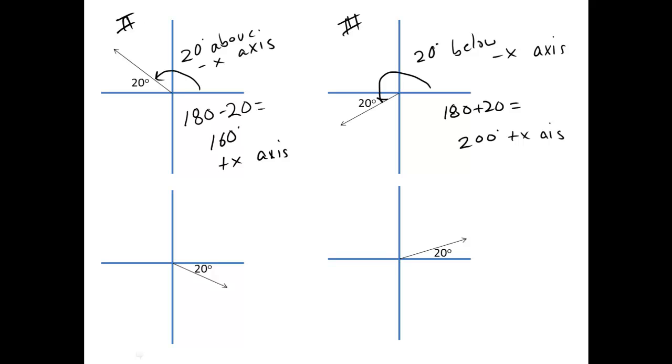Now, over here in the fourth quadrant, we could say that this vector is 20 degrees below the positive x-axis. Or we could say it's 360 minus 20, or 340 degrees from the positive x-axis.